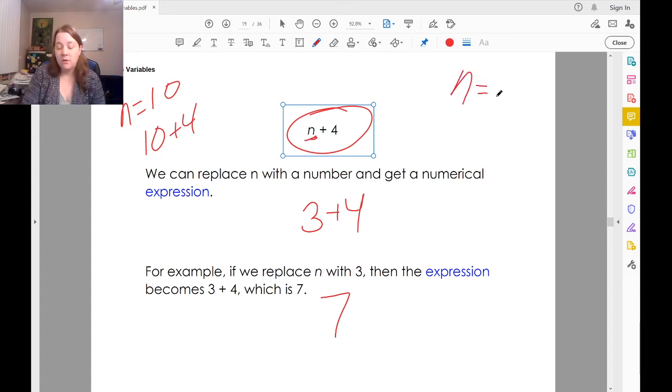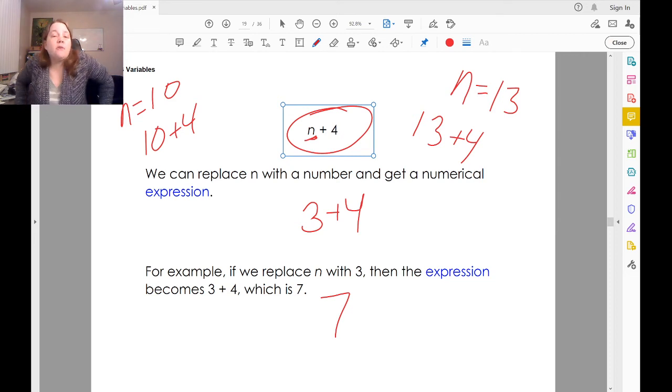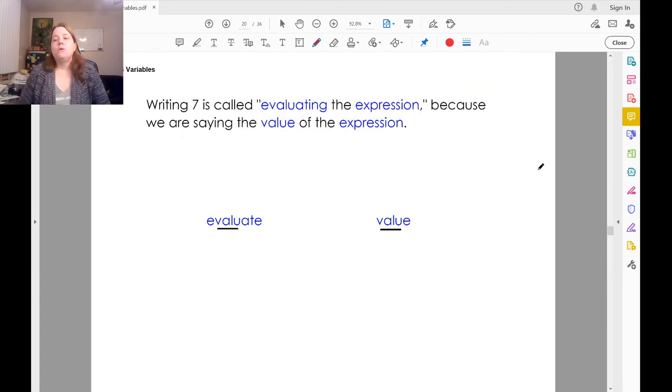What if n was 13? Well, then it would be 13 plus 4. In variables, the amount that the letter stands for can vary. Writing 7 is called evaluating the expression because we are saying the value of the expression. Look, evaluate, value. Aren't words cool?